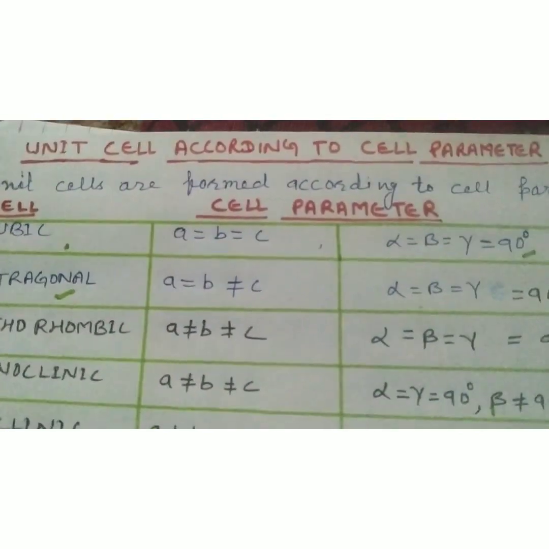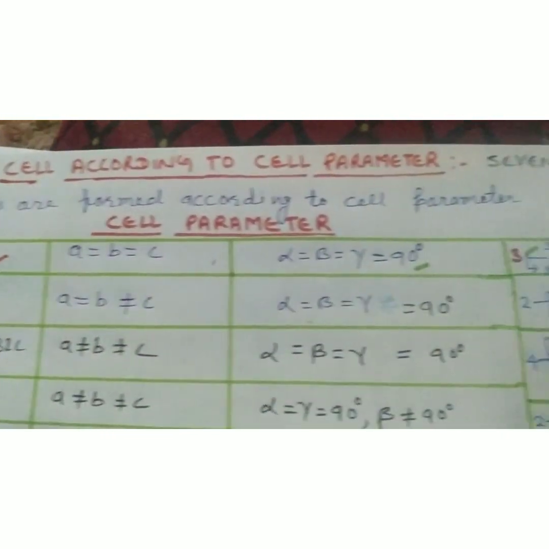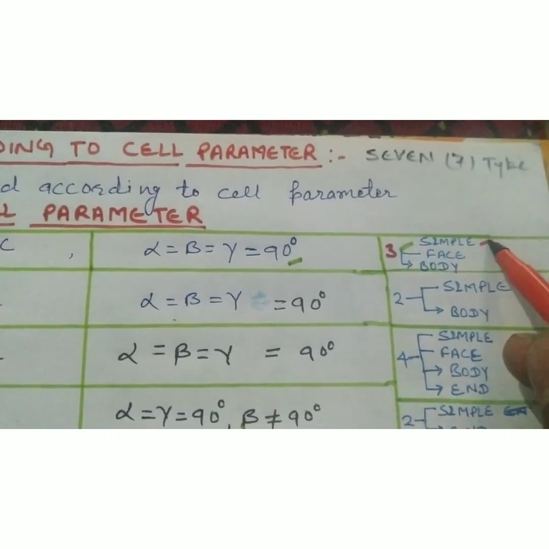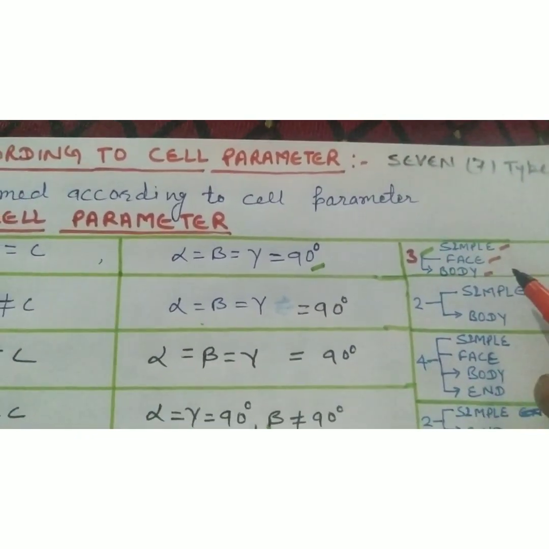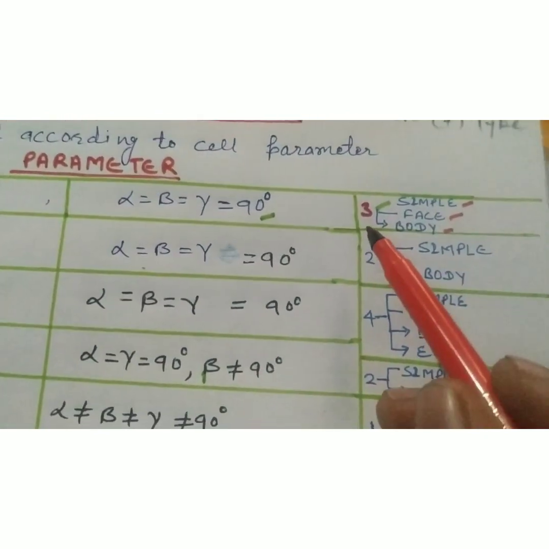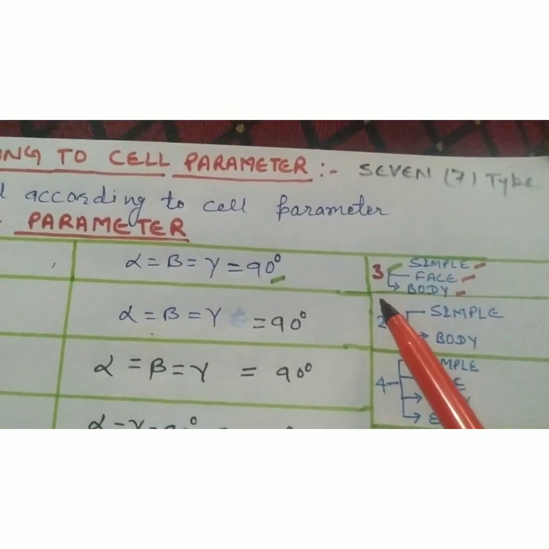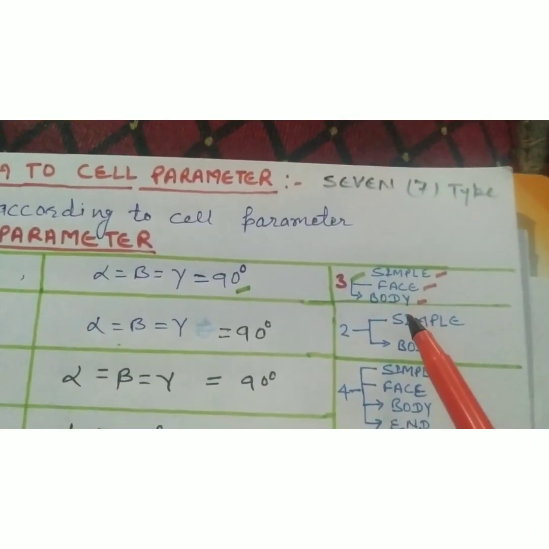The cubic unit cell may be simple, may be face centered, may be body centered. Clear? So the cubic may be 3 types of unit cell: simple cubic, face centered cubic and body centered cubic. Clear?